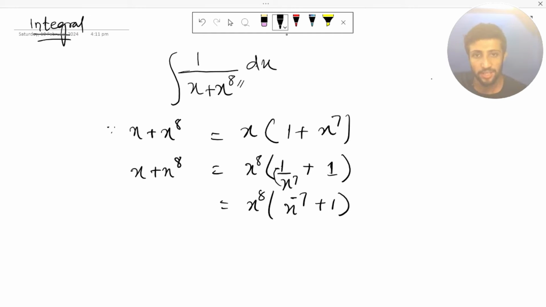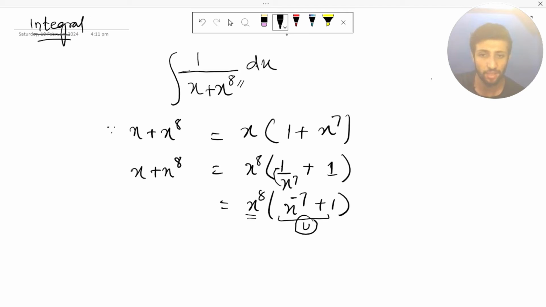Now, if I solve this by substitution, which is the easiest method, I will substitute this value as u, since the derivative of x^-7 plus 1 gives x^-8.